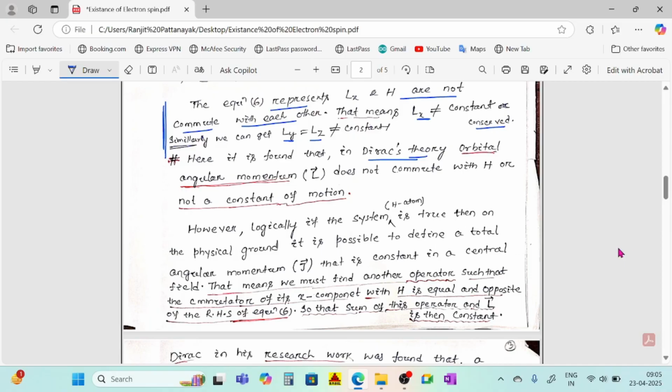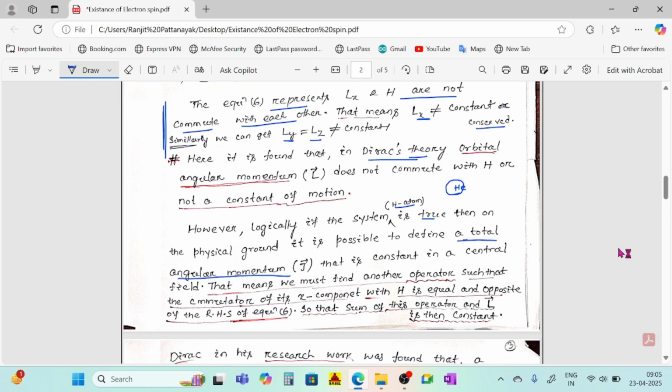However, logically, suppose you consider a hydrogen atom, well developed: the nucleus is there and one electron revolving around this nucleus. This system is true. That means on physical grounds it is possible to define a total angular momentum.